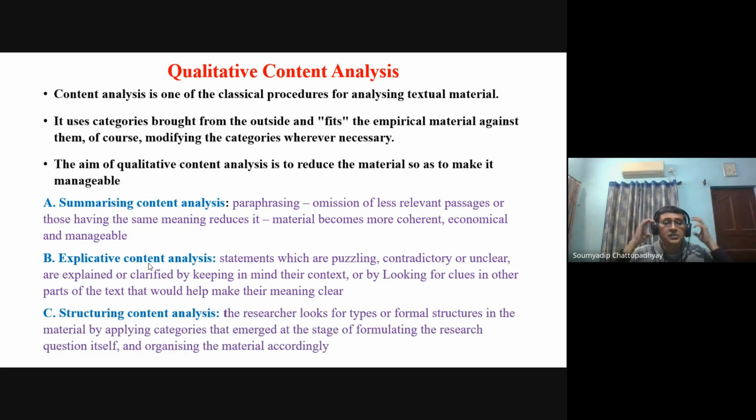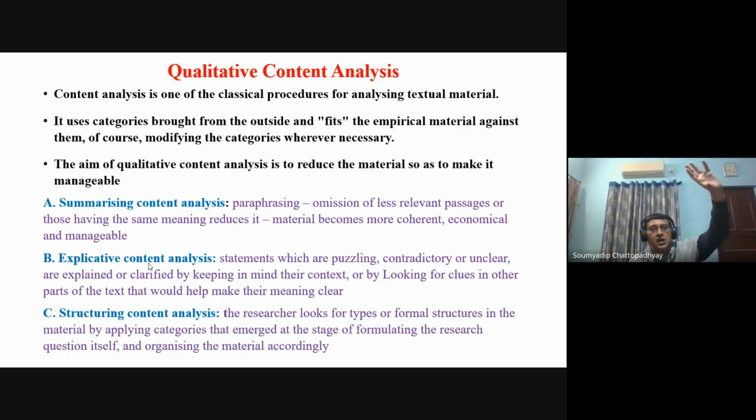The last aspect of qualitative content analysis is structuring content analysis. Here the researcher looks for different types of formal structure, and then applies categories which emerged at the stage of formulating the research question itself and organizes the material accordingly. That means you are approaching your entire qualitative analysis in a structured way.